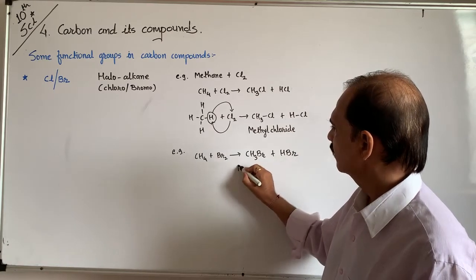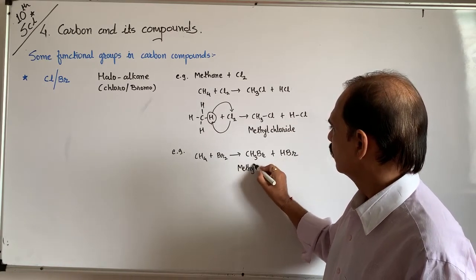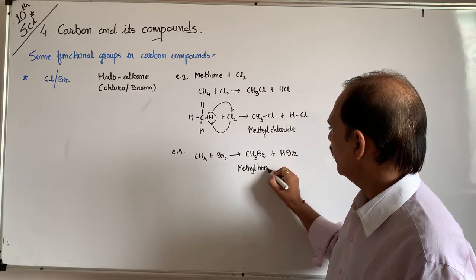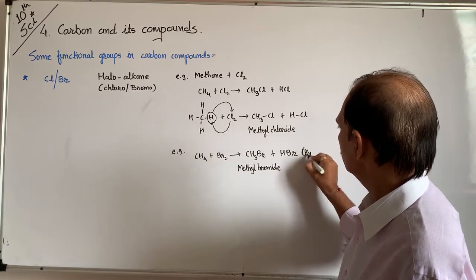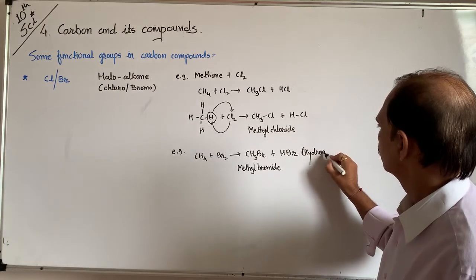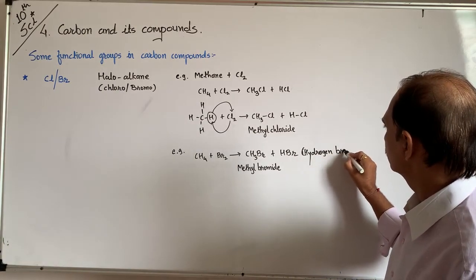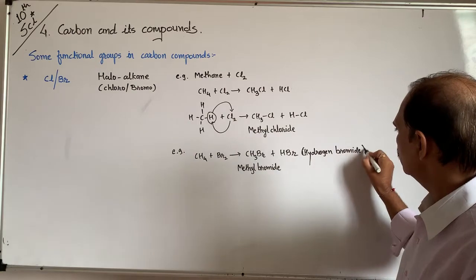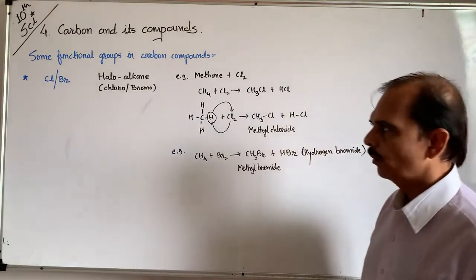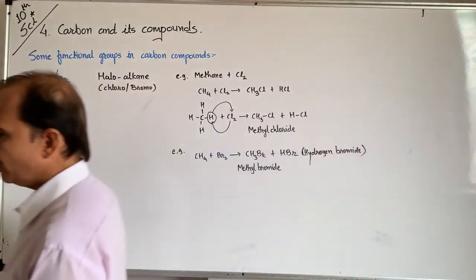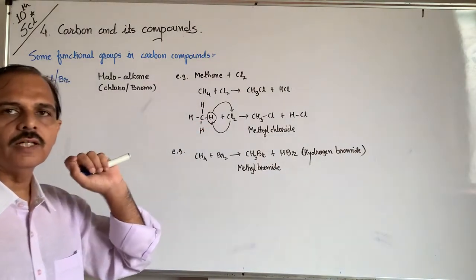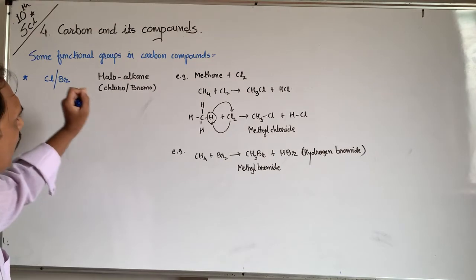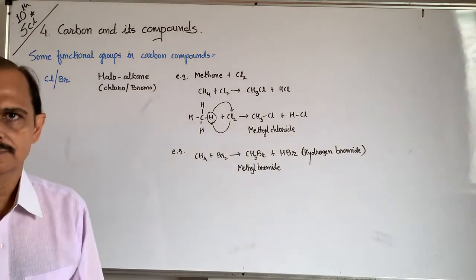This is known as methyl bromide, and this is called hydrogen bromide. So in this way, if one atom is substituted by another atom like chlorine or bromine, haloalkanes or halogen compounds are formed.